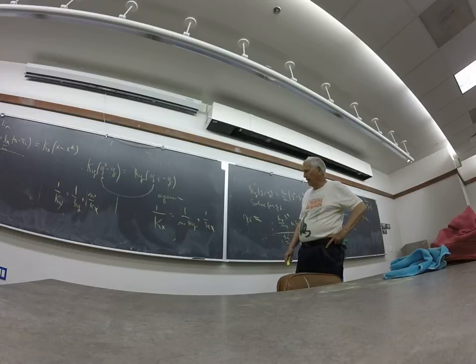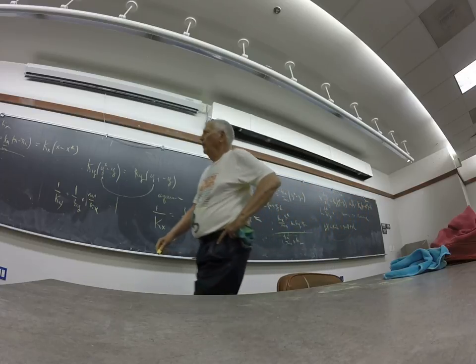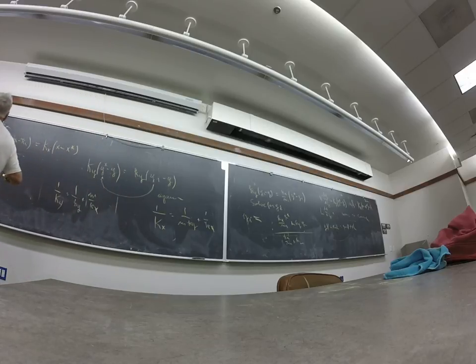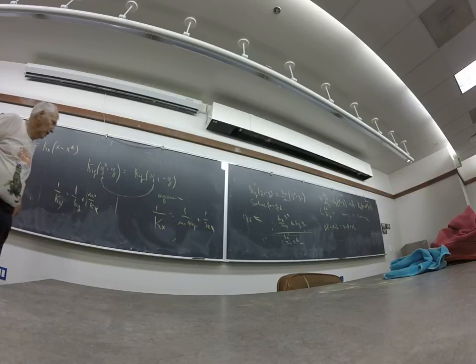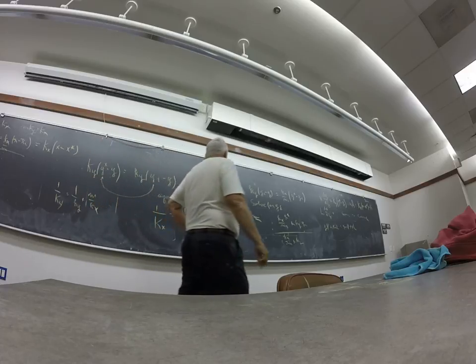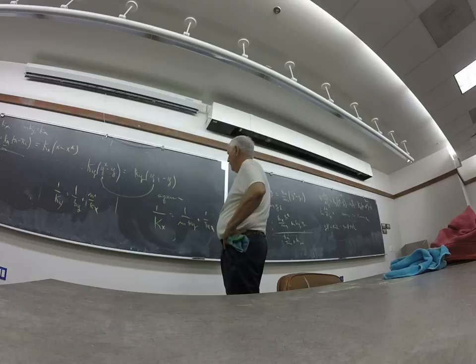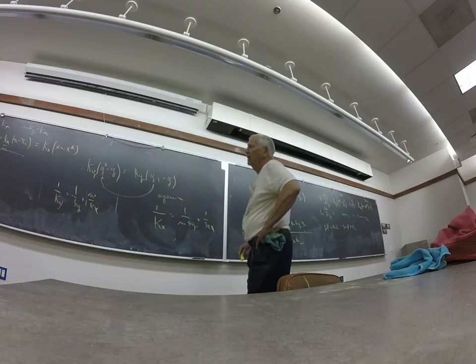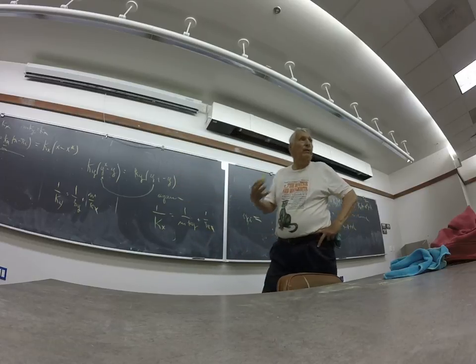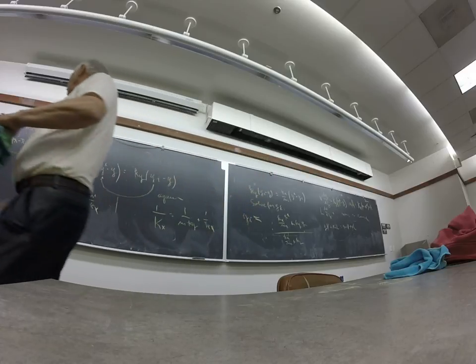Are the two cap K's independent? Well, no. We'll find out that m times cap Ky equals cap Kx. So they're not independent.